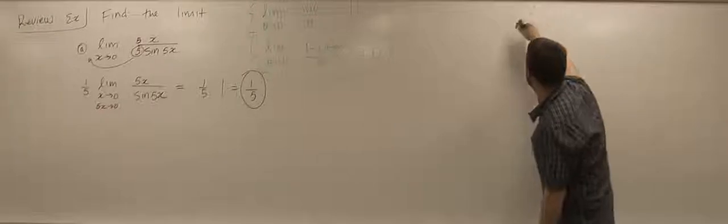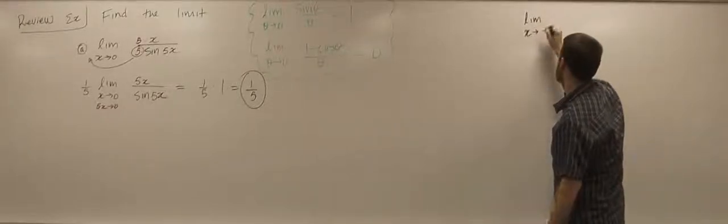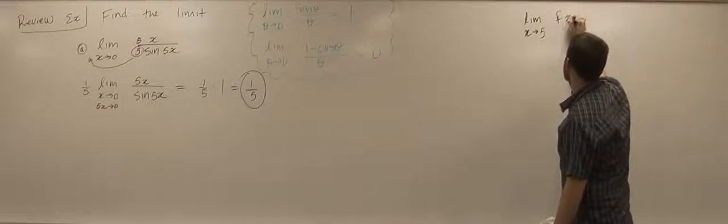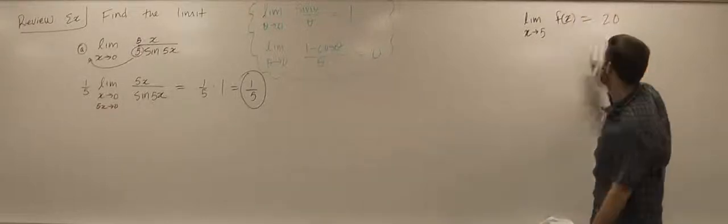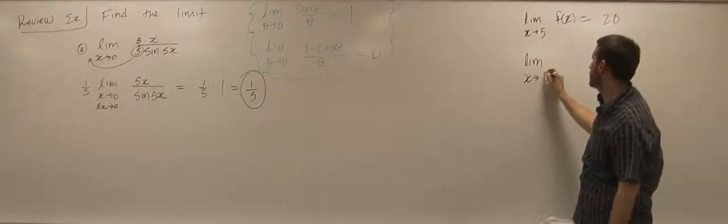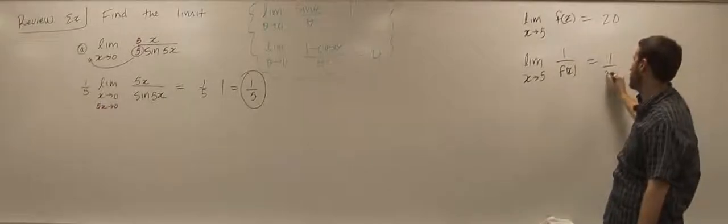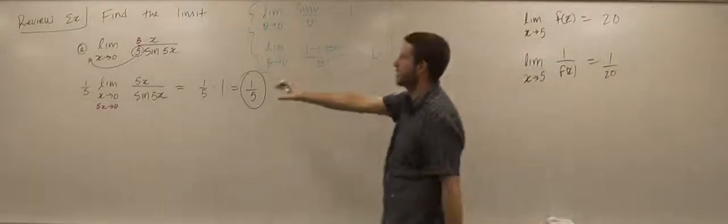Sort of a side example. Suppose I know the limit as x goes to some number, say 5, of f of x equals 20. Then I know the limit as x goes to 5 of the reciprocal equals 1 over 20. So that's all.